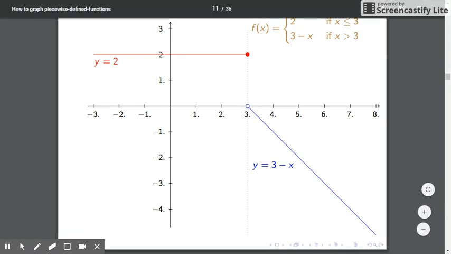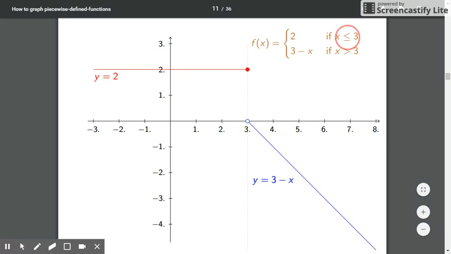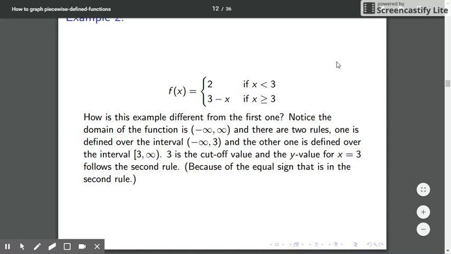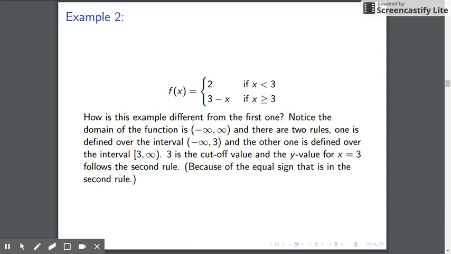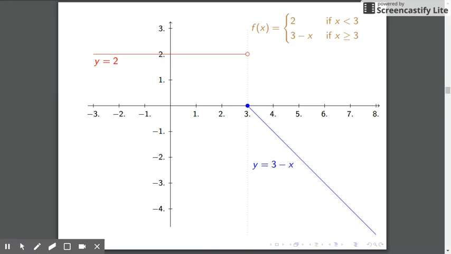For the next example, instead of having the equal sign here, we'll have the equal sign in the other piece. Again, the two pieces of the function have domains that union up to negative infinity to infinity. The first one doesn't include 3, so it's negative infinity to 3 open, and then 3 closed to infinity.